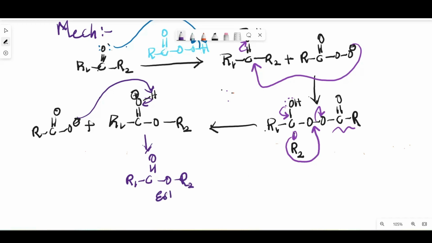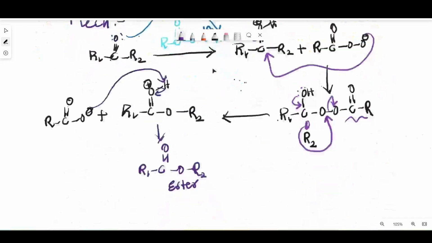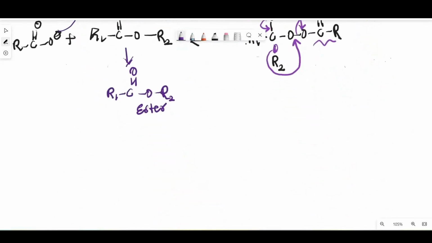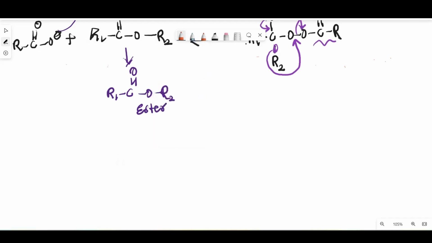This is the product. See what is happening here. We are just inserting oxygen in between the carbonyl carbon and the electron rich group. So just remember it like this. I will explain with a few examples, then you will be able to understand very easily. So let's see some examples.